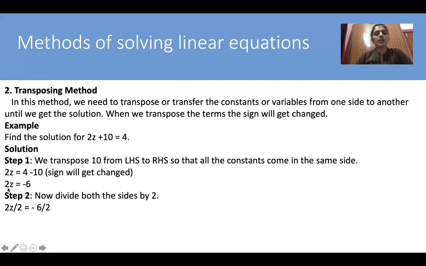Here on this side it is in multiplication. If we transfer it to the right hand side, it will divide the number. So here we get minus 3 as the value of z. Put this value in the equation. For this value, the left hand side is equal to the right hand side.